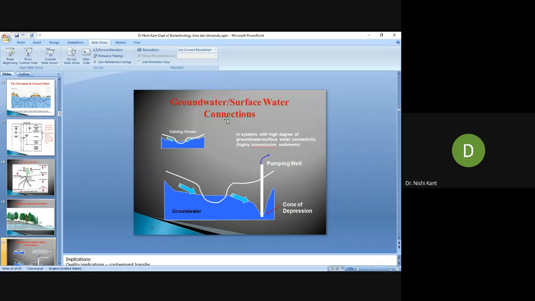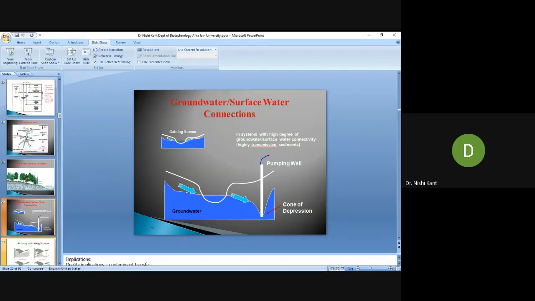So groundwater and surface water connection basically shows in systems with a high degree of groundwater-surface connectivity and highly transmissive sediments. A cone of depression dips down along the water table when a well is drilled, and overpumping will lower the water table and deepen the cone of depression, which leads to cave formation.